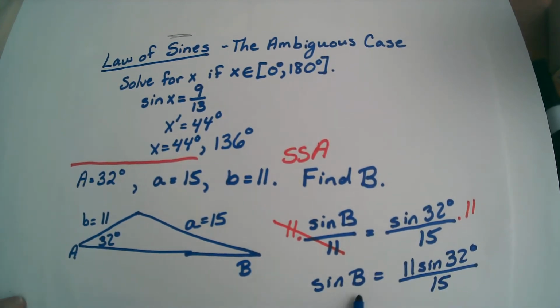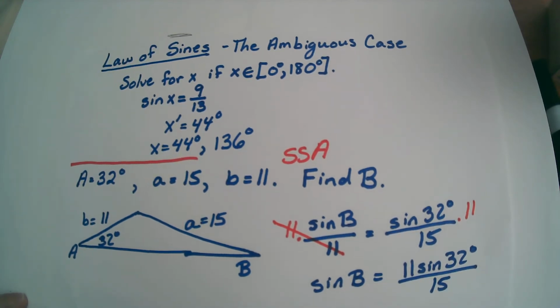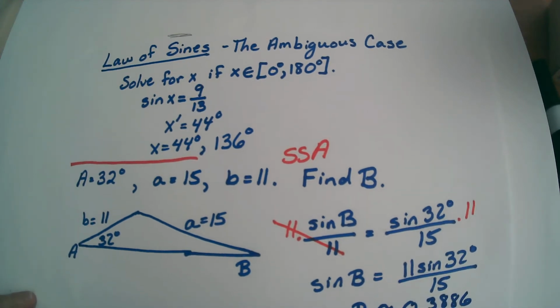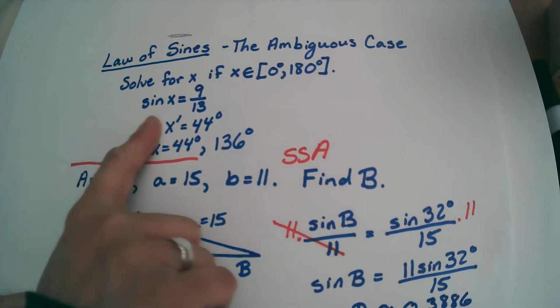And now we could take the inverse sine of this ratio and find B. Just because I have a point to make, I'm going to take an intermediate step and write this ratio as a decimal. So the sine of B is approximately equal to, and I punched this in on the calculator, about 0.3886. So now we're solving an equation that's much like this one.